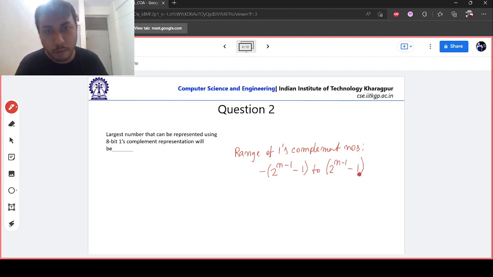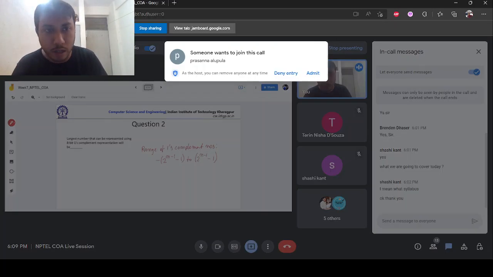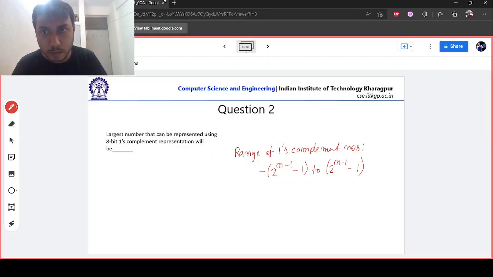So these are the numbers that can be represented using ones complement numbers, right? So what is the largest number that can be represented? That is this. And this one is the smallest.